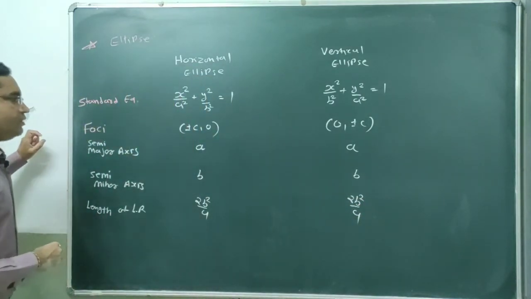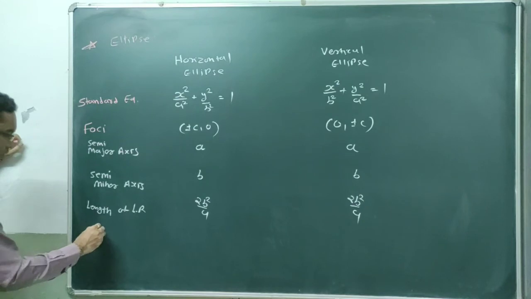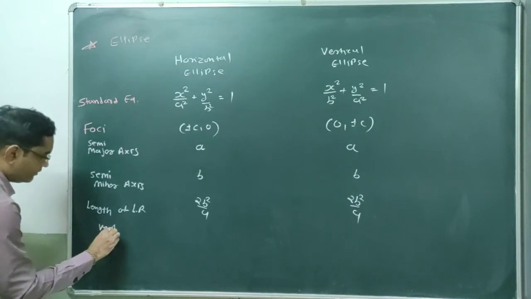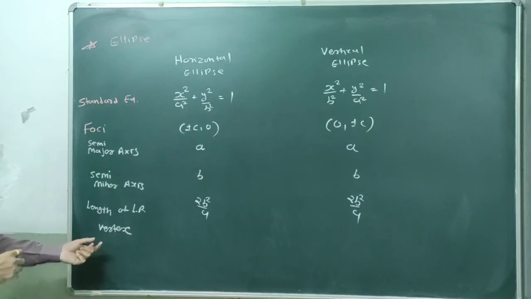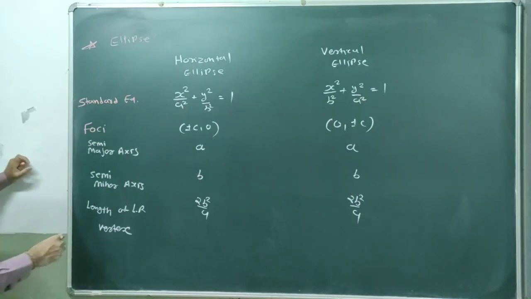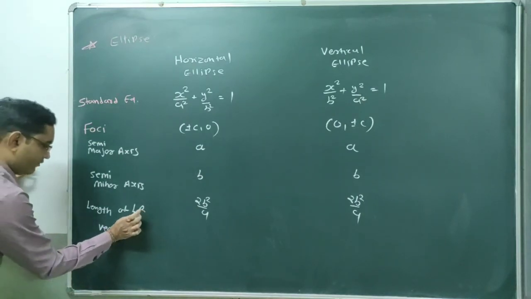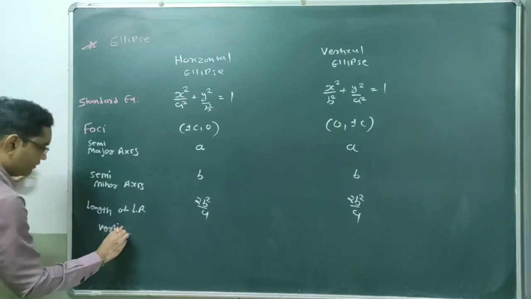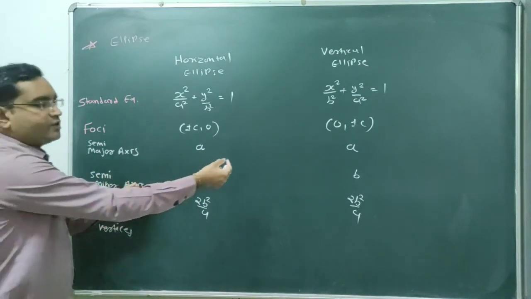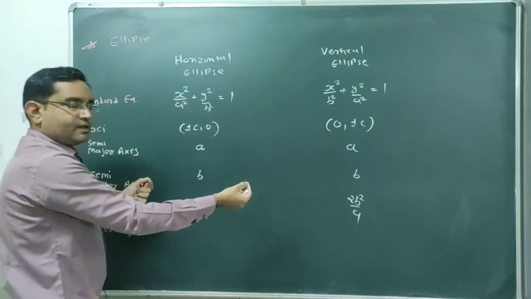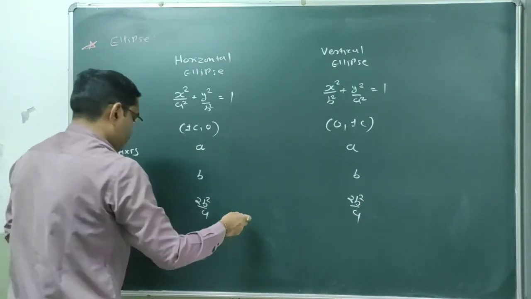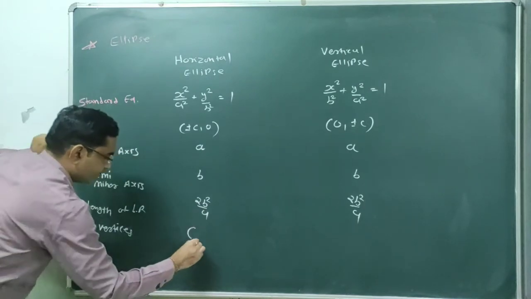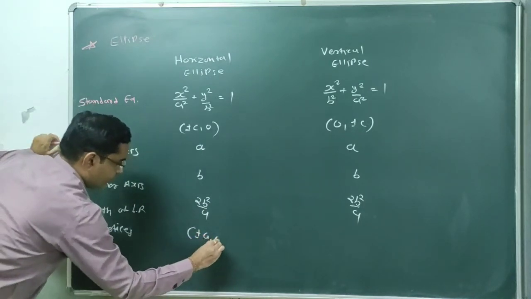Done? Now coordinates of vertex. So what is the vertex? Two vertices are there. So it can be written as vertices. Now for this horizontal ellipse, vertices are nothing but the endpoints of the major axis, and the major axis is along the x-axis. So coordinates of vertices are plus or minus a,0.